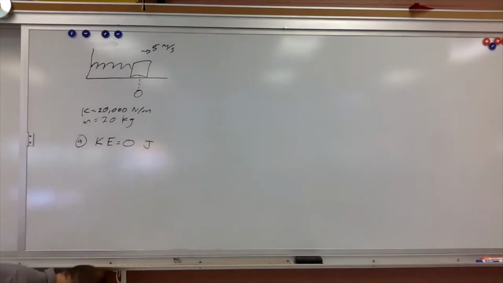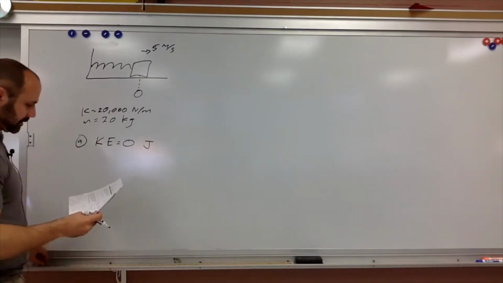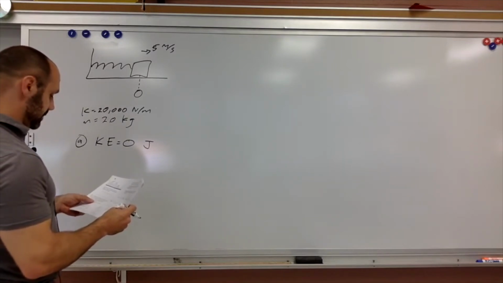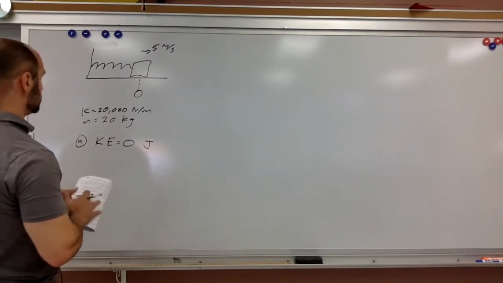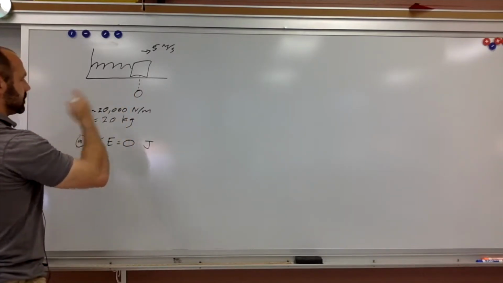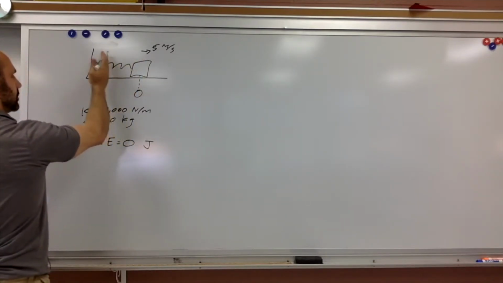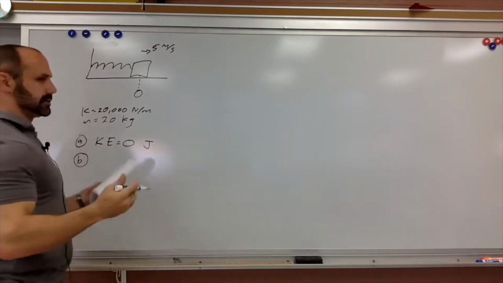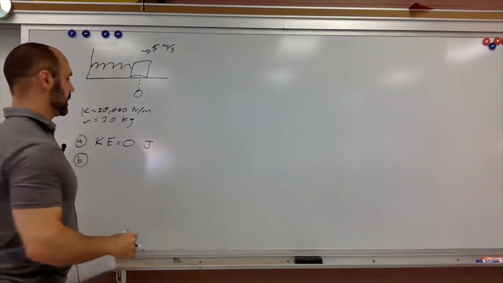All right. B, where is the kinetic energy equal to the potential energy? Okay, so what do I know about this? Well, I need to figure out what the total amount of energy is. How do I know that?